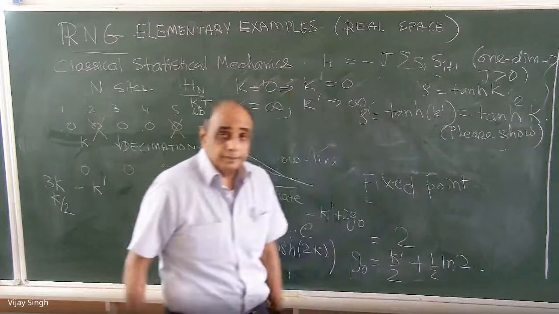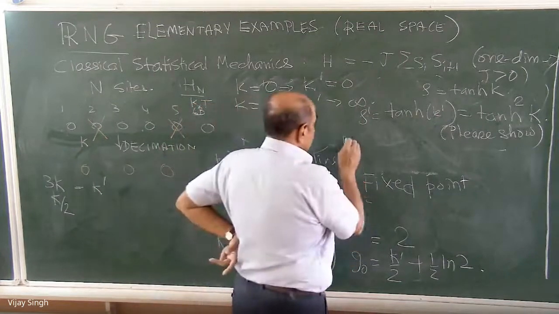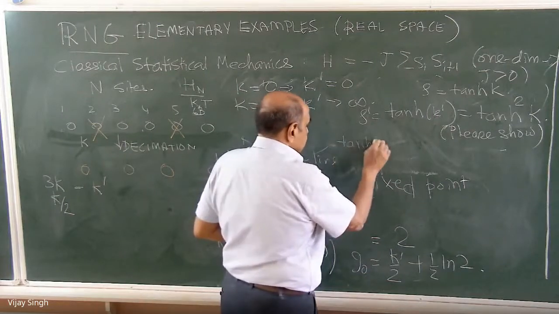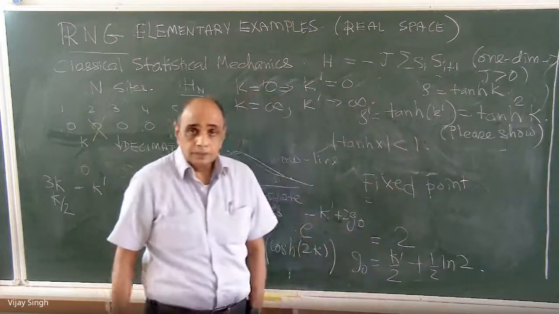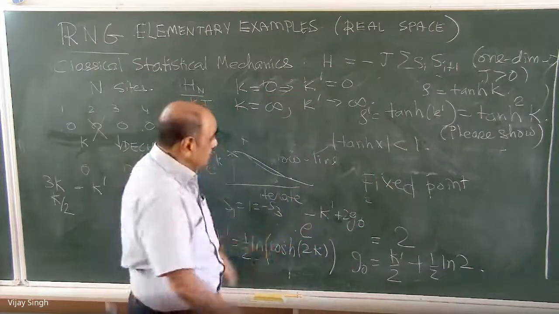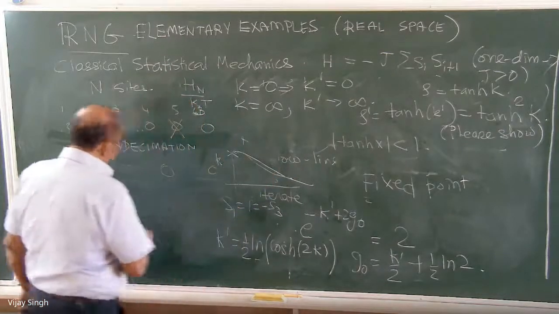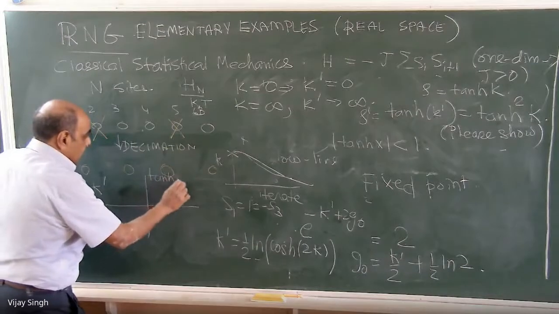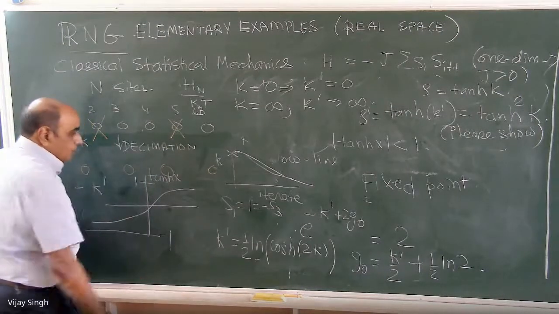If you show it, then you are home, because tan hyperbolic x is always less than 1. Correct? It goes between -1 and +1. What is the plot of tan hyperbolic x from -1 to +1? How does it look? It goes like this. Maximum value is 1, minimum value is -1.